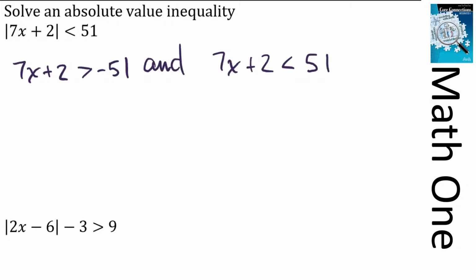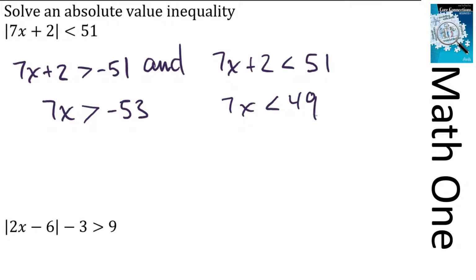Anyways, for both of these inequalities, I'm going to do the same two steps to figure out what specifically the boundaries of x are. So I'm going to take away an additional 2. So I've got 7x is greater than negative 53. And then over here I've got that 7x is less than, and I'm taking away a 2 there, so that would be a 48.